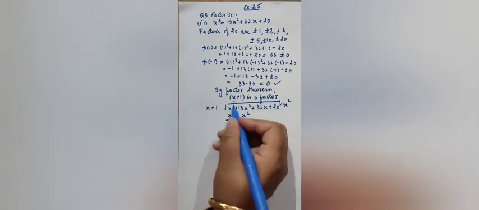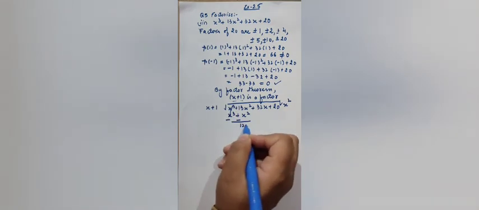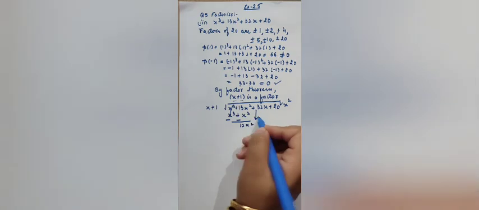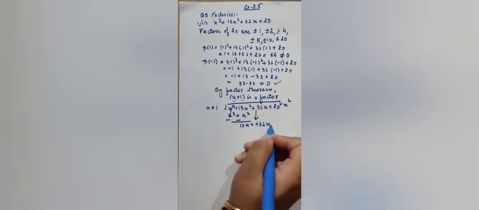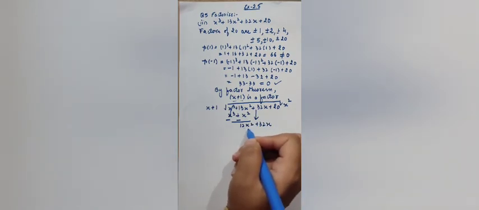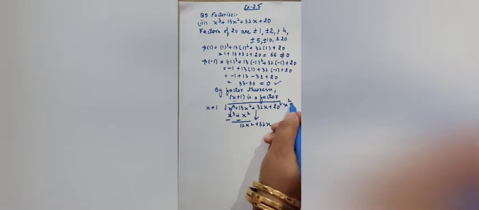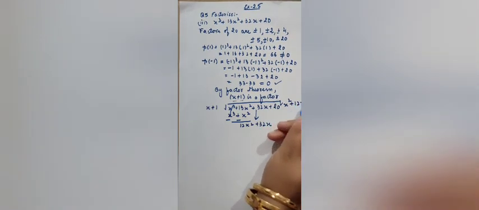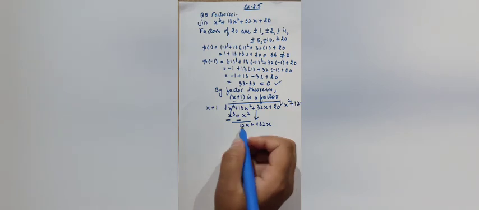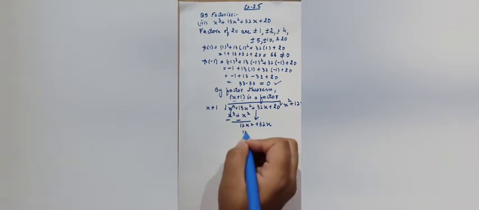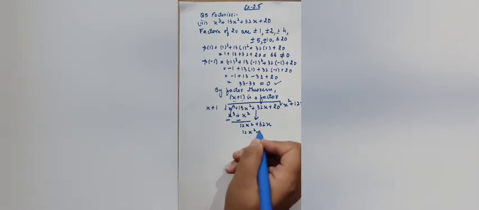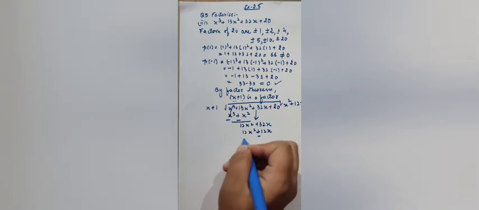Again signs will be changed, and I will get 12x square here, and I will take 32x from here. Now I need 12x square, so definitely I will multiply with 12x, right? So when I multiply it with 12x, I will get 12x square plus 12x here. Again the sign will be changed.